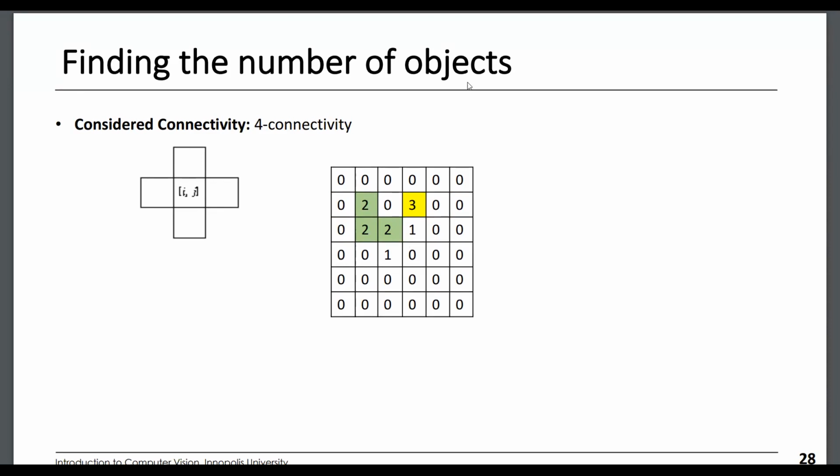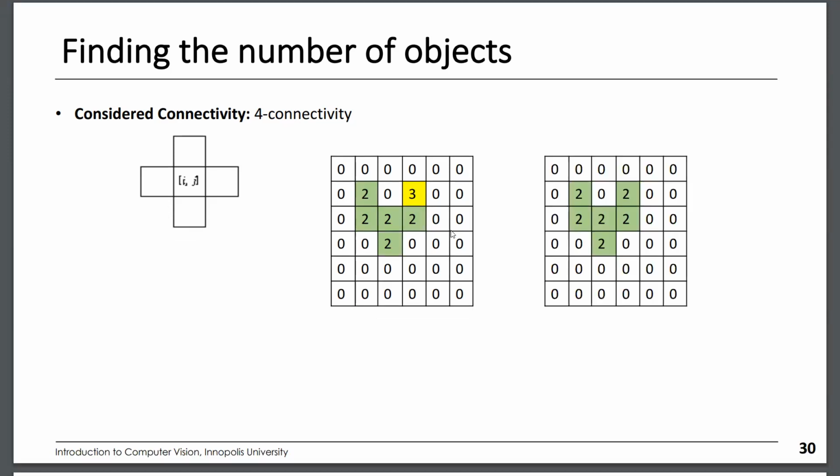This one, as you wish, right? You could put it as 2, or you could put it as 3. Both of them will work at this stage. Why? Because these two components, which share this pixel, will be connected together later on in the second pass. So here it's 2, and there you go, this is what you get.